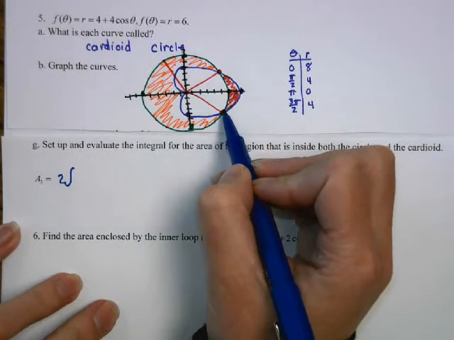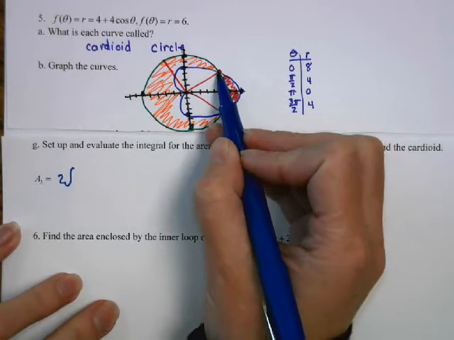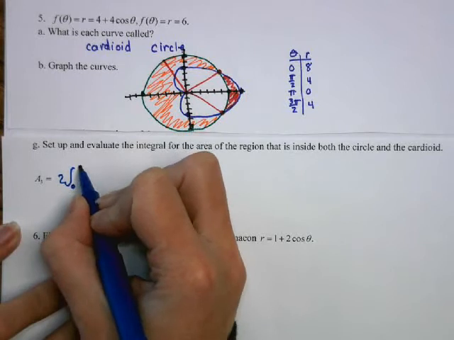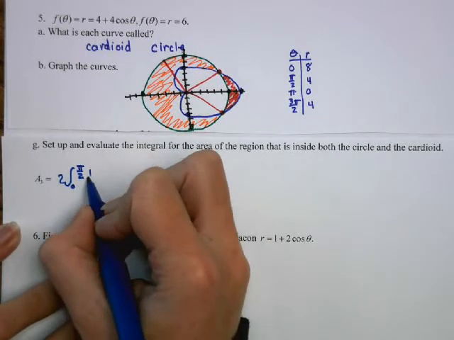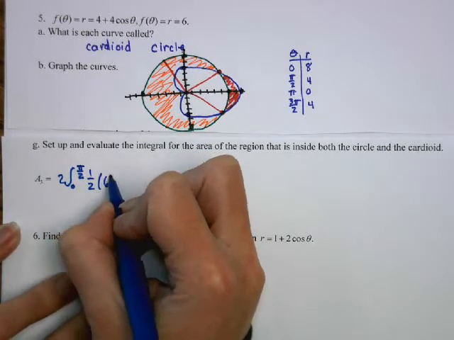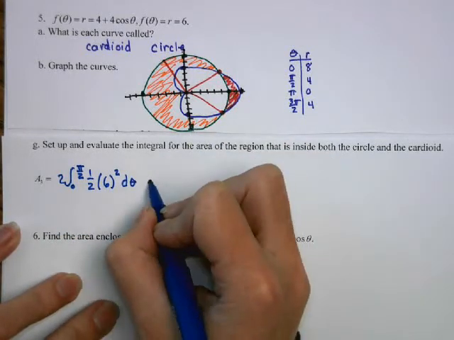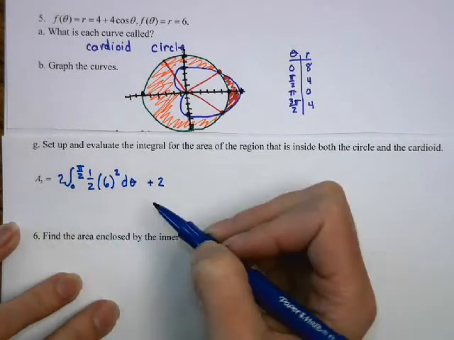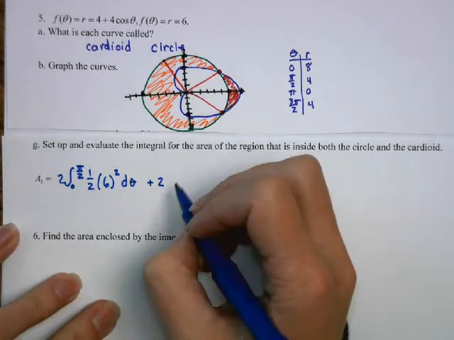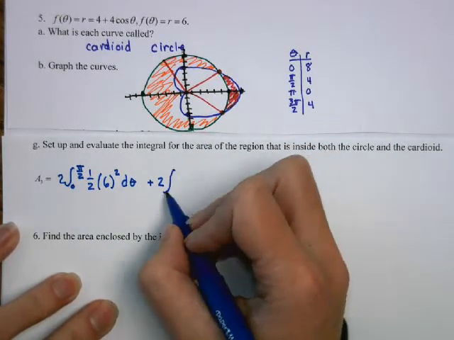So the circle area would be this to this, but I'm just going to go from 0 to pi over 3 of 1/2 the circle, which is 6 squared. And you could just do that as the area of a circle, but we can also use polar.